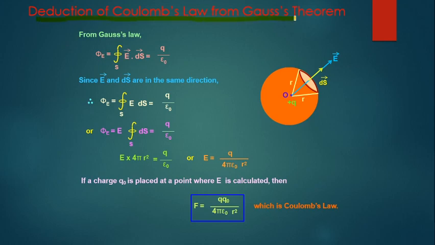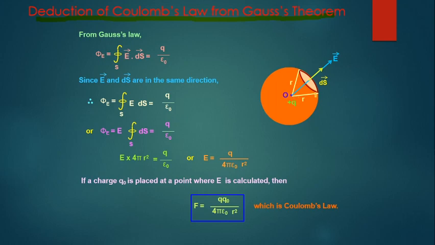From the Gauss theorem, we can prove Coulomb's law. Consider a point charge q placed at a point O, and consider an imaginary Gaussian surface of radius r, in which this point charge q is enclosed.